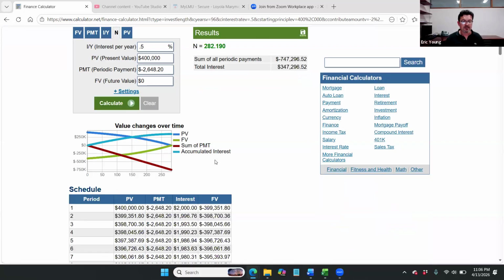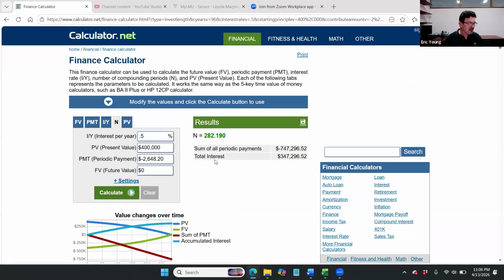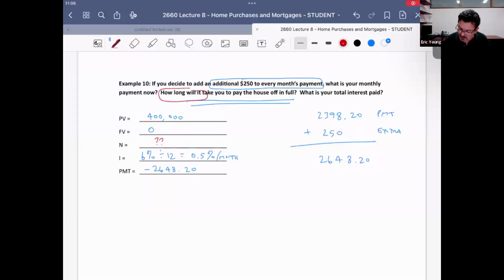Hit calculate, and your N is 282. So it's going to take you 282 months. Divide that by 12, 23 and a half years.